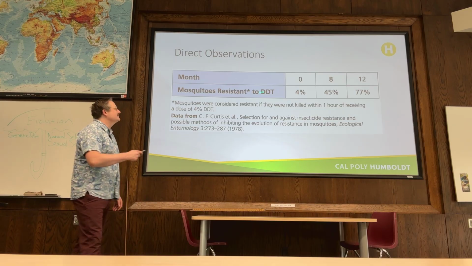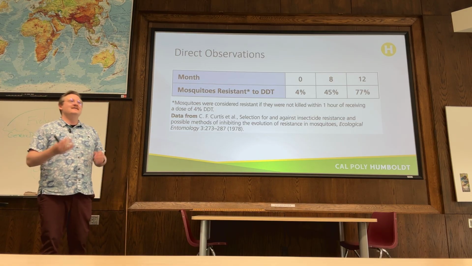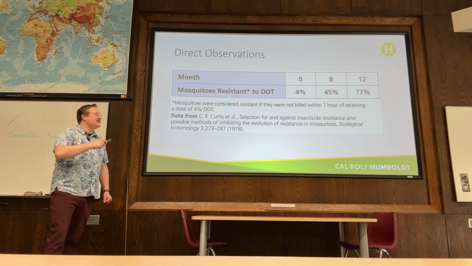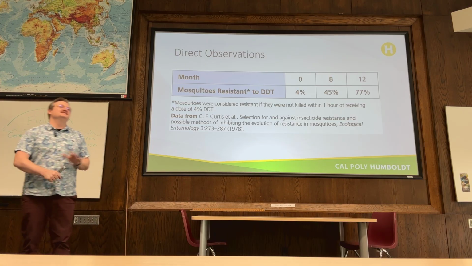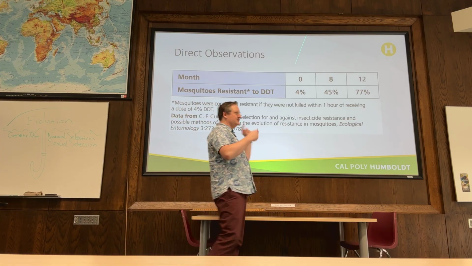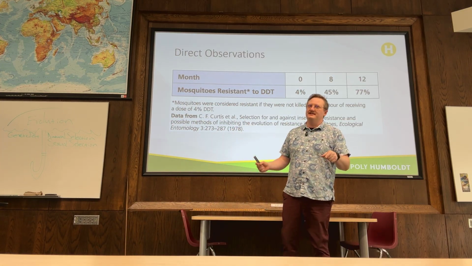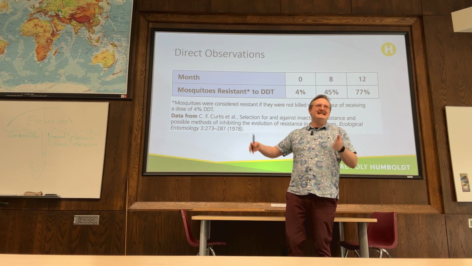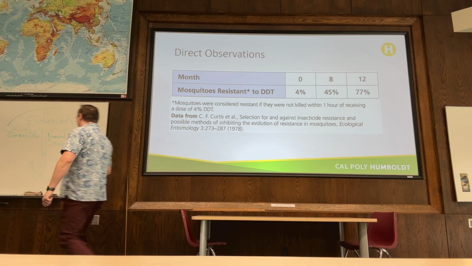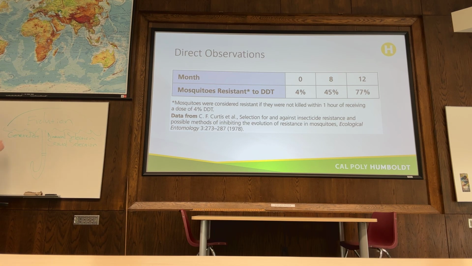So this is a direct observation of evolution in action, where allele frequencies are shifting over time due to this selective pressure being the presence of the insecticide, all right? So this is observed direct evolution of a population, where it becomes more and more DDT resistant, all right? Lots of direct, let me throw artificial selection onto this, since we're going to talk about it too. All right. Cool.